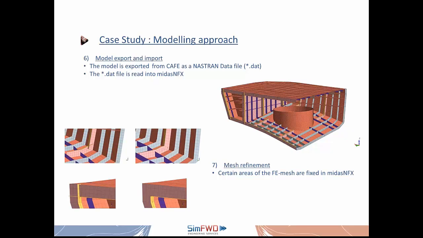You can see the whole mesh structure as it is imported in Midas NFX, exactly as it was seen with all properties in BVB CAFE. What we have chosen to do here is leave the merging and refinement of the final mesh to Midas NFX, because it also utilizes some very powerful meshing and mesh repairing functions.